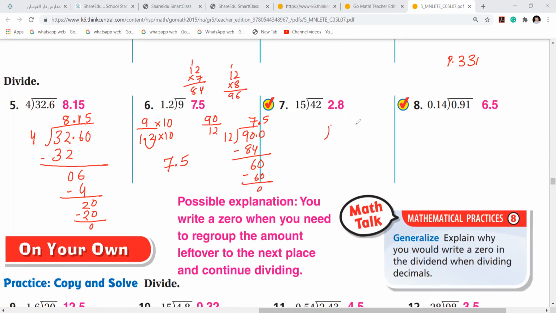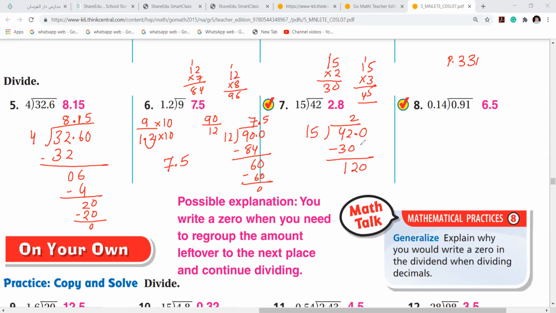Here, I just put a point and a 0. 15. 15 times 3, 45. This becomes big. I need to try 15 times 2, 30. So let me take 30. I have 120 now.